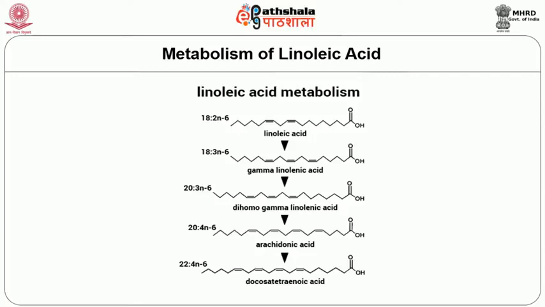So in a nutshell, linoleic acid metabolism starts with linoleic acid, converts to gamma linolenic acid, then to dihomo gamma linolenic acid and arachidonic acid by changing the double bonds and also the carbon chain length, and is converted to the active form, docosatetraenoic acid.